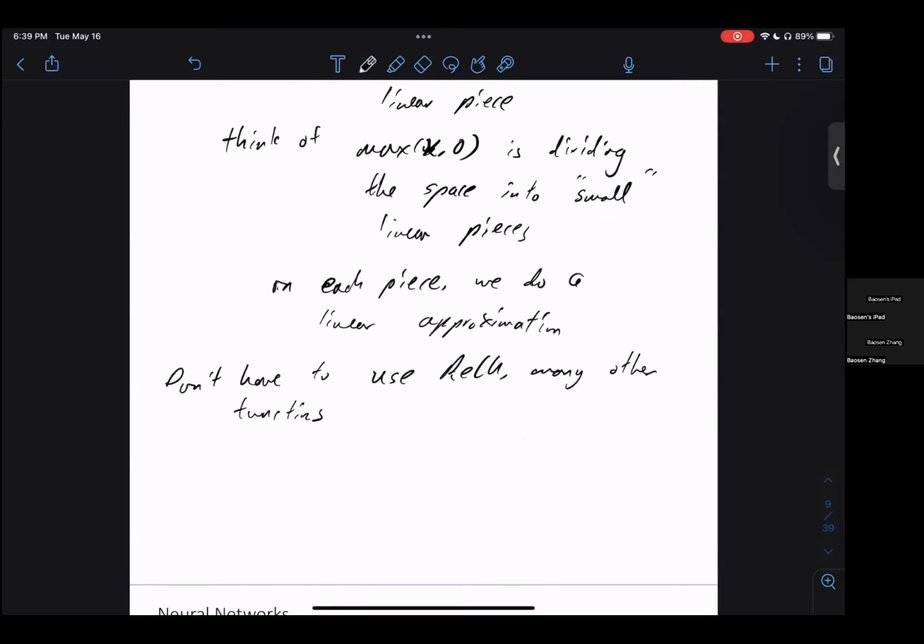There are sigmoids, soft ReLU, leaky ReLU, whatever you want. They basically all work this way. You have linear operations plus some sort of simple nonlinearities. And then you just assemble enough of them together, and they can approximate many functions. They can approximate essentially whatever you want. Okay, so any questions about this intuition?